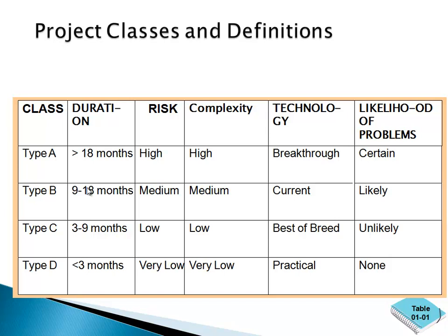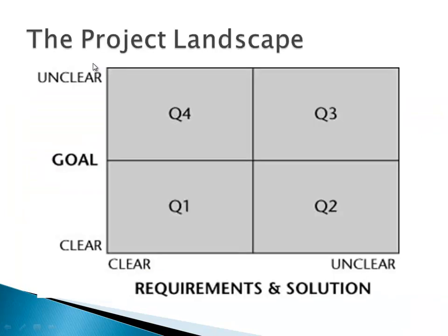The technology will be current technology, and there is a likelihood to have a problem. In Type C, from 3 to 9 months, it has low risk, low complexity. Usually, they have best of their breed technology and are unlikely to have any problems with that project. The Type D is less than 3 months, very low risk, very low complexity, usually uses practical technology with no problems whatsoever included in that project.